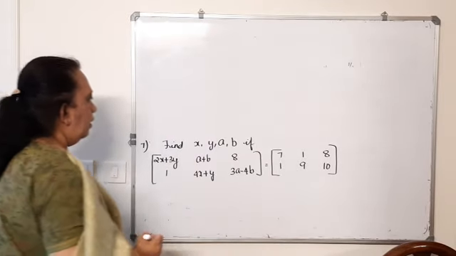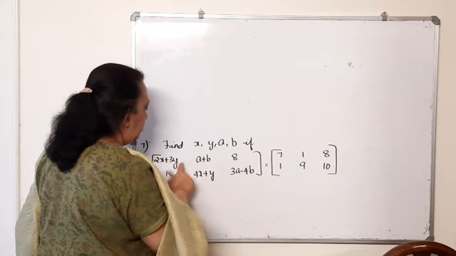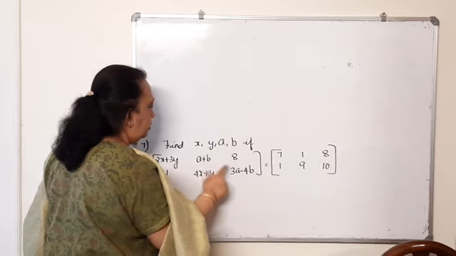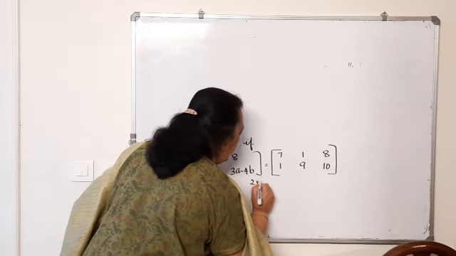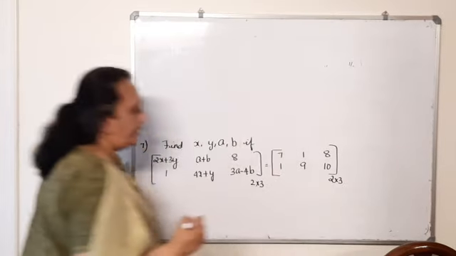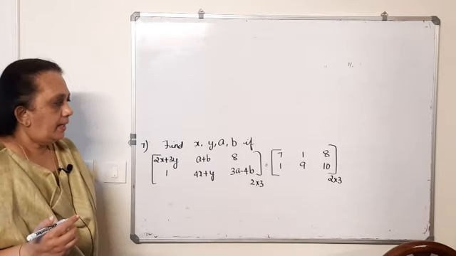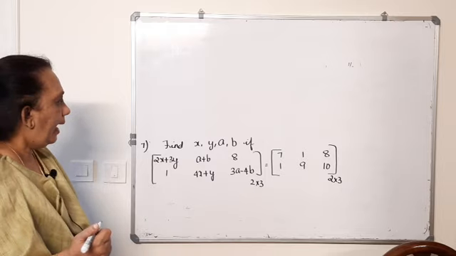Now, what is the order of this matrix? The left hand side has 2 rows and 3 columns, so it is 2 by 3. Here also the order is 2 by 3. Here you can see that there are x, y, a and b.